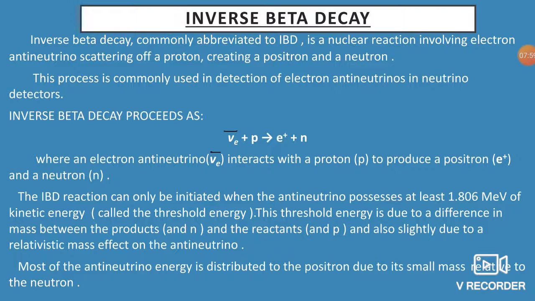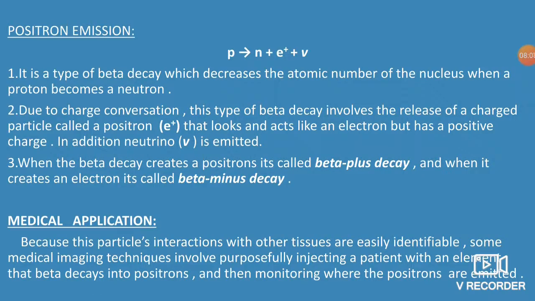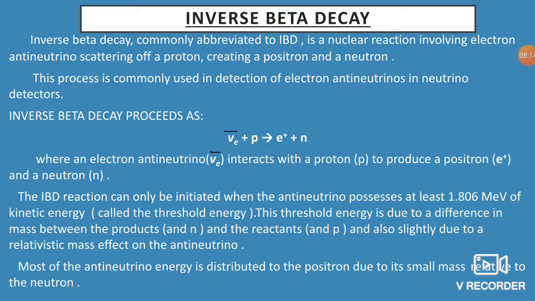So this is the equation for absorption of an antineutrino. Next, if you see the emission of a neutrino, this is the reaction where a neutrino is emitted. These two reactions are equivalent, and they are called inverse beta decay.